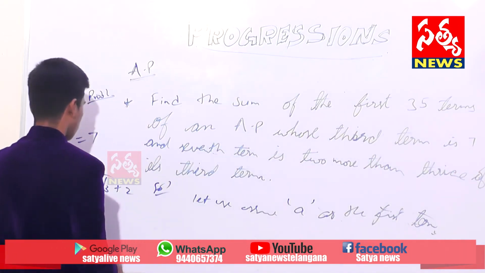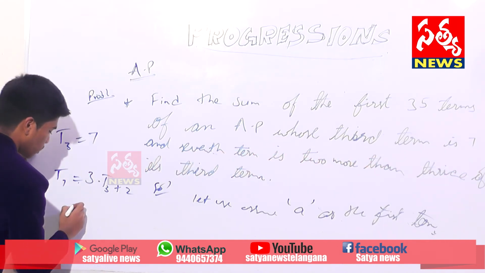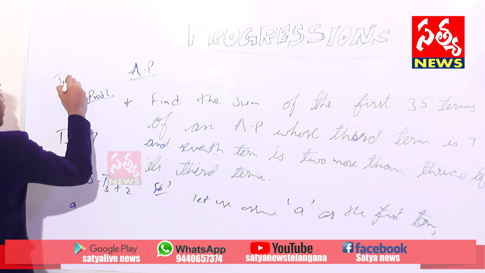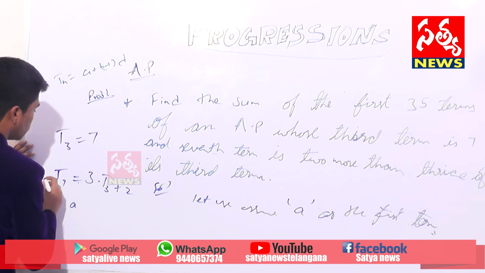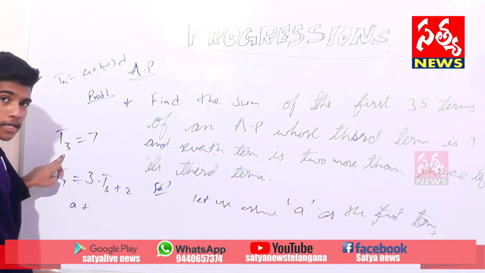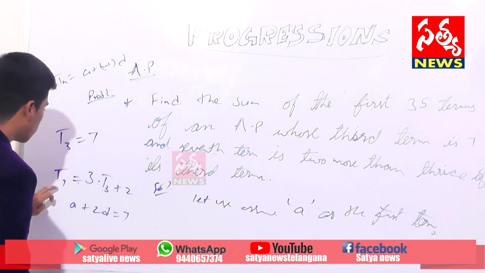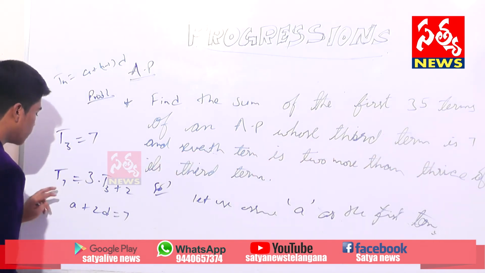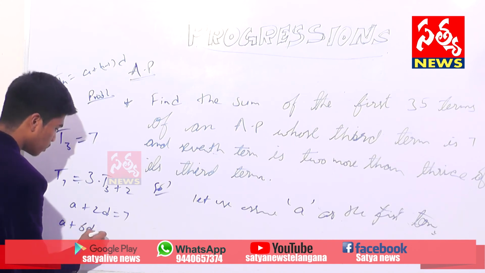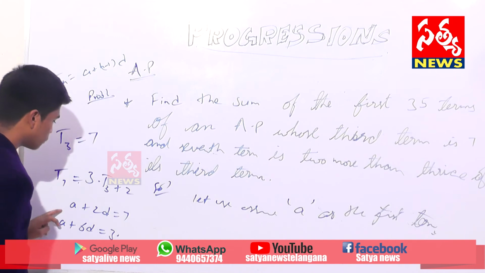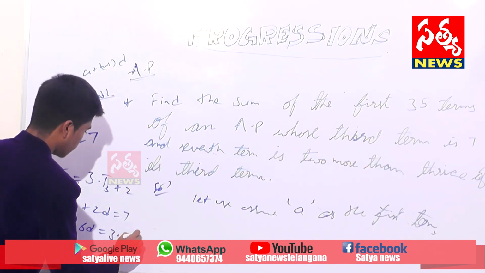If A is our first term, then T3 can be written, as I said, Tn equals A plus n minus 1 into D. T3 equals A plus, n is 3 here, 3 minus 1 is 2, into D, equals 7. And similarly, T7 can be written as A plus 7 minus 1, 6D, equals 3 into T3. The value of T3 is 7, so 3 into 7 plus 2.